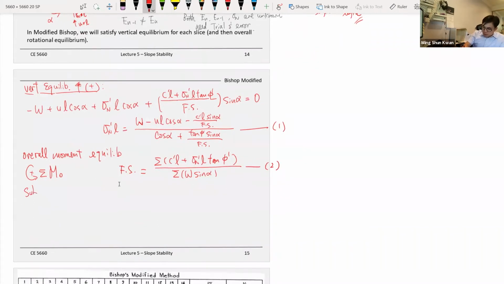Now you substitute equation 1 into equation 2.